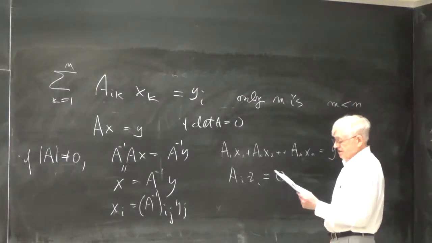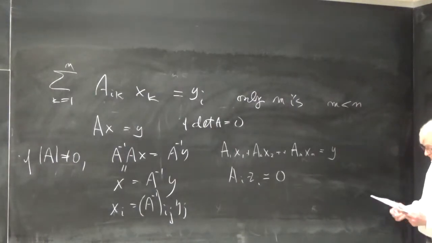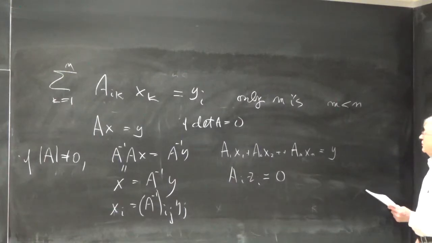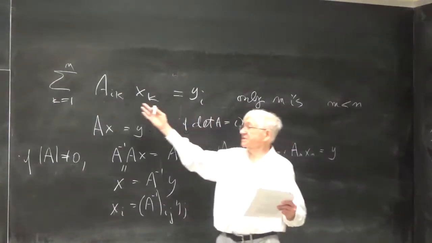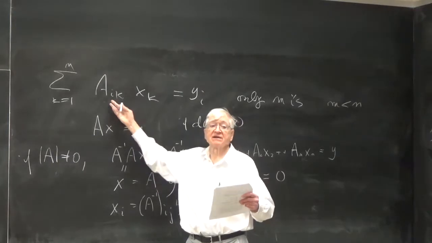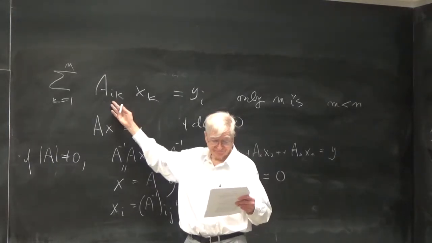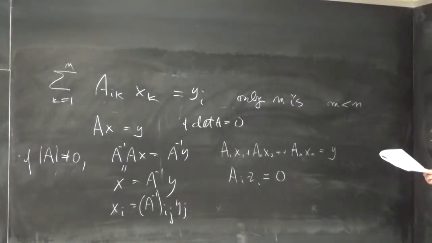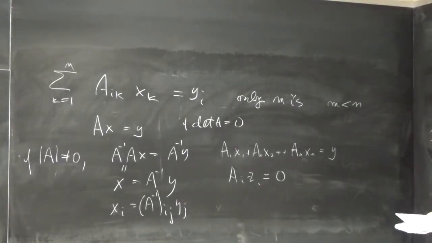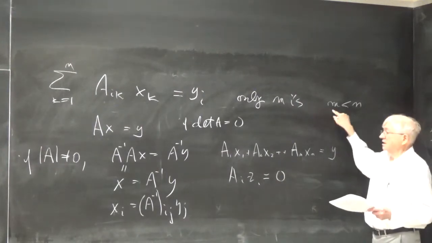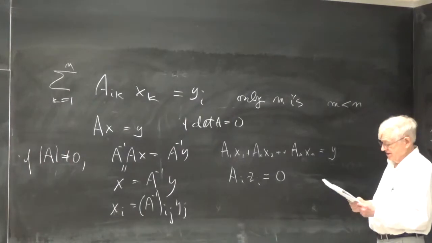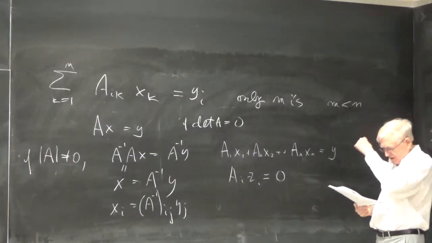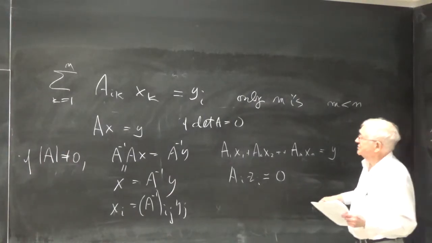In this case, the problem is underdetermined. And as long as m of the columns are linearly independent, you have a solution. But the solution may not be unique, depending on whether the columns are linearly independent or not. So that's underdetermined.